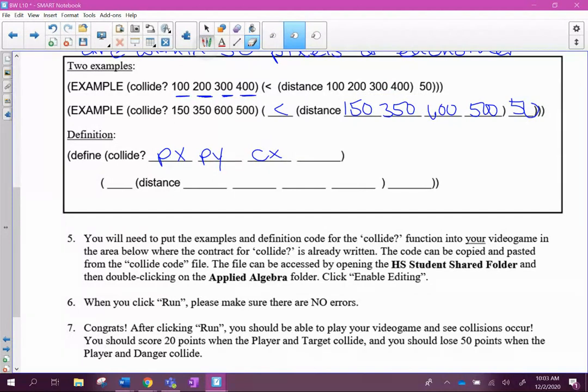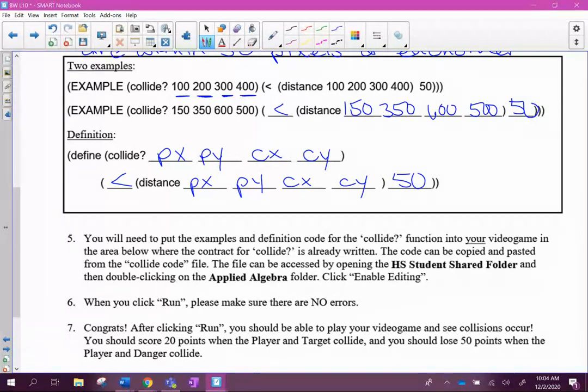So that would be cx, cy. Okay, and then we're trying to figure out if it's less than 50. We have px, py, cx, cy.